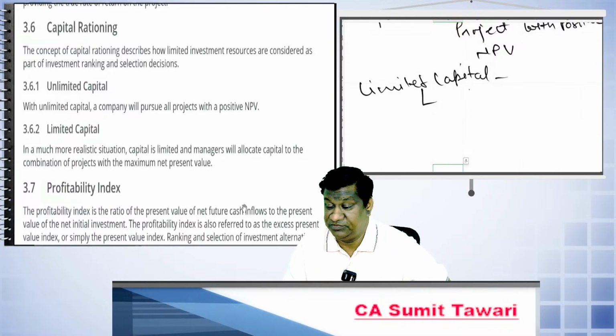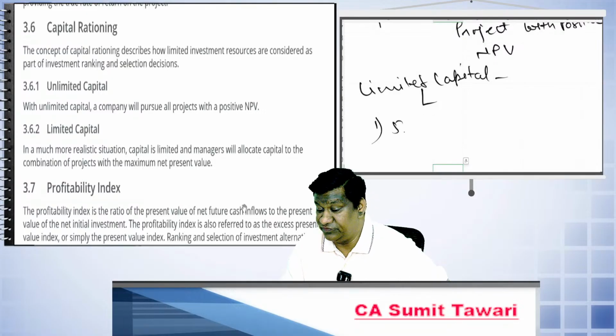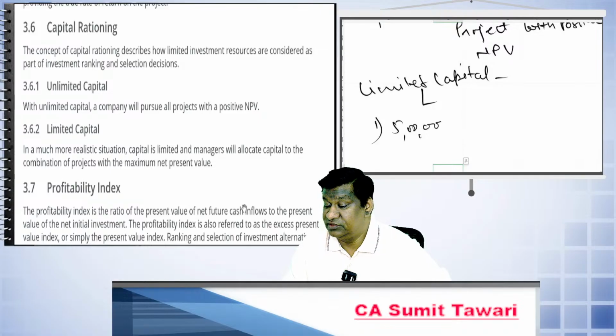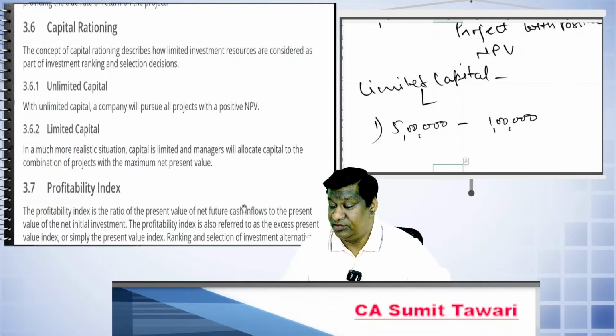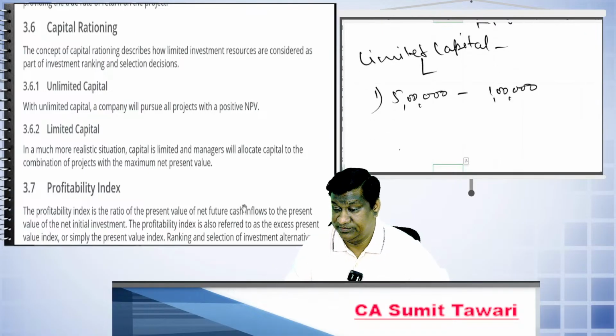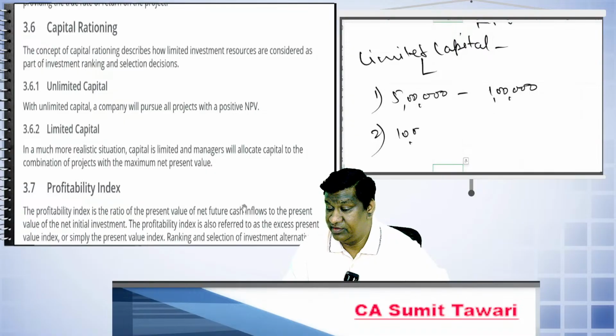Maximum net present value means, if in the first project you need to invest 5 lakh, this will give a net present value of 1 lakh. The second investment, 10 lakh, will give a value of maybe 3 lakh.